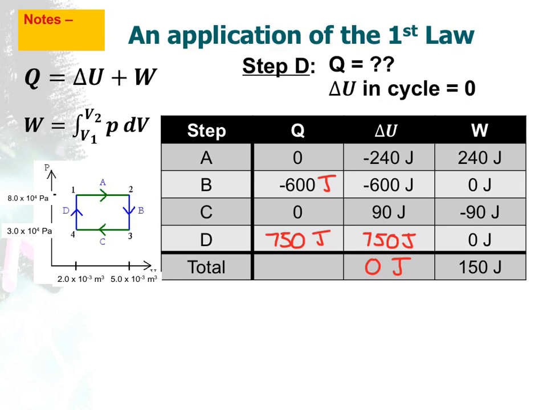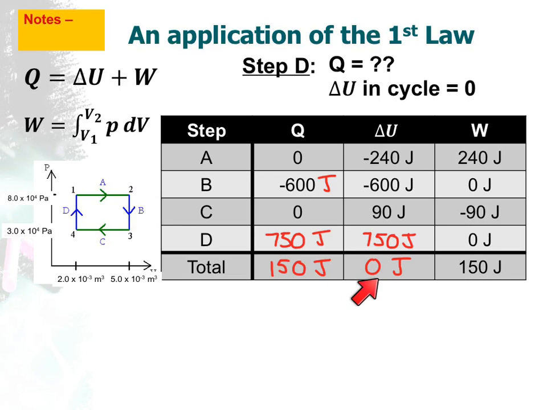Okay, well, there's one blank to fill in, and that is how much net heat do I have to add over this entire 4-step cycle. Well, it turns out that the total of all 4 of these columns, you can figure that out, it's 150 joules, right? If I just look at the totals here, I notice that this also obeys the first law of thermodynamics for the entire cycle.